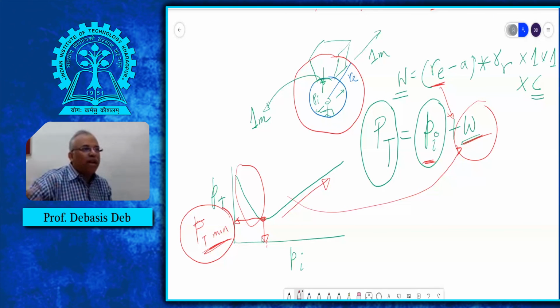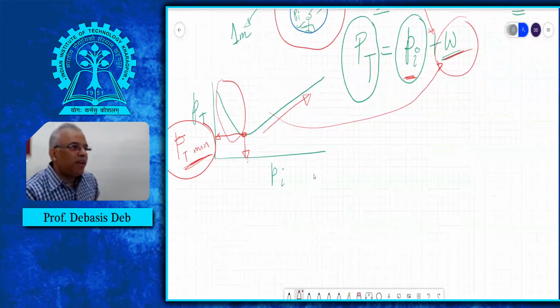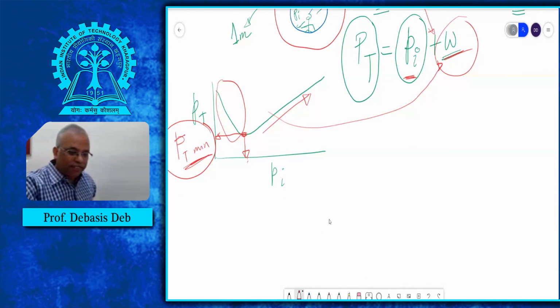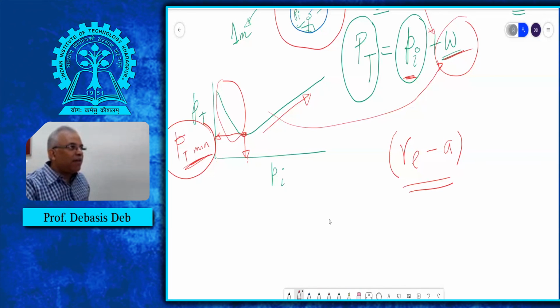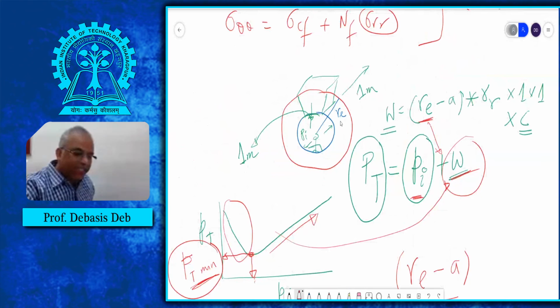We have to then go to advanced numerical tools to solve this. And one more application of this: you can see the Re minus a. What is this? Re minus a is this.